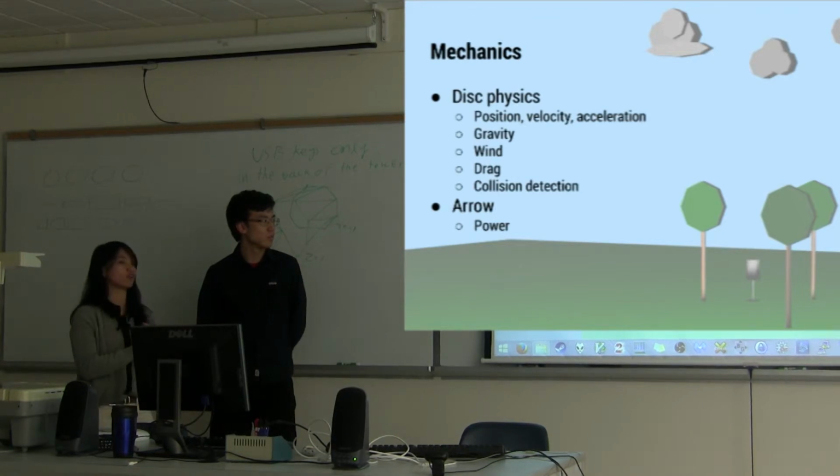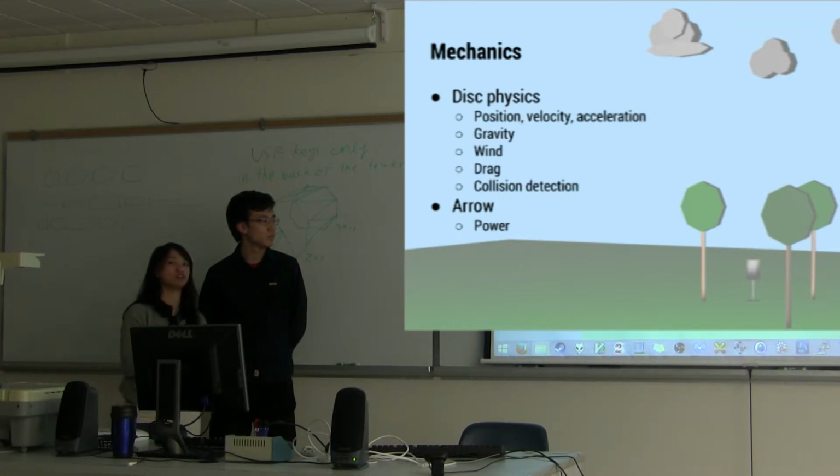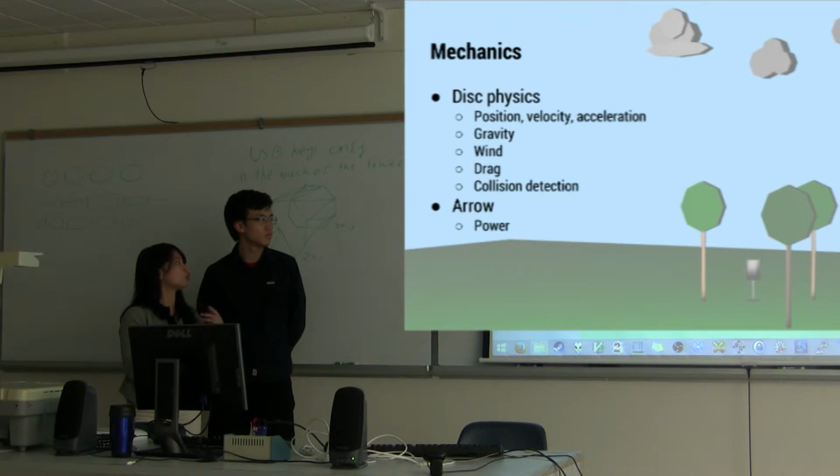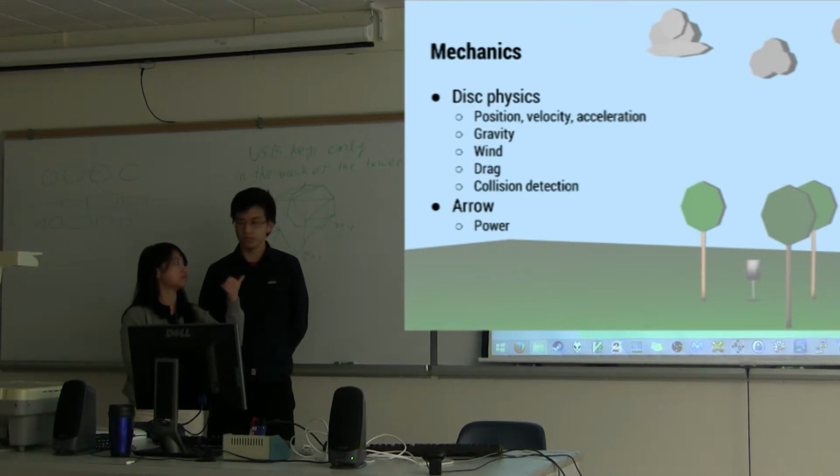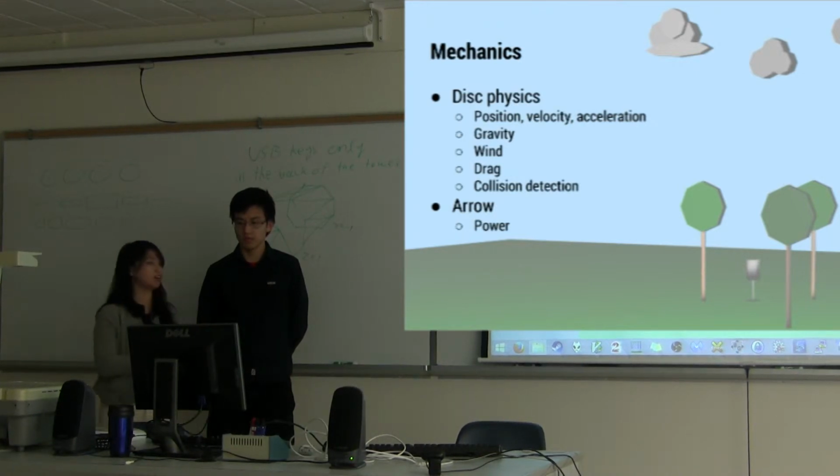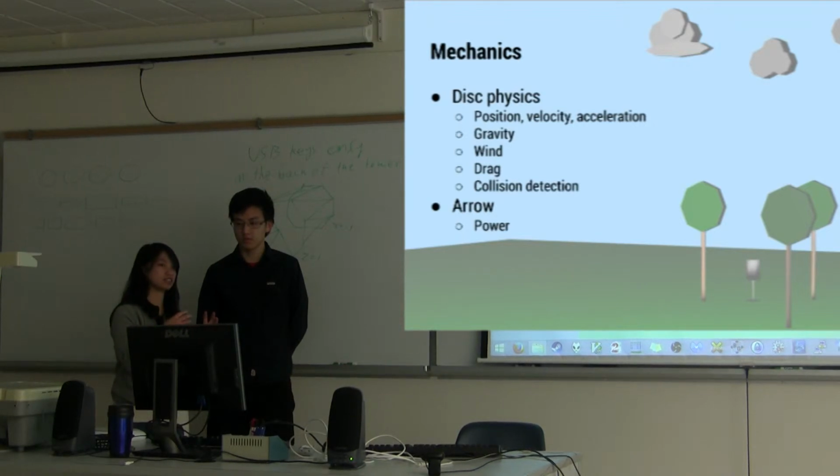And also the arrow. For our arrow, you'll get a force on that, and it's also added to the physics, the position, and it takes the last scaling factor on that and adds it to the acceleration computation.